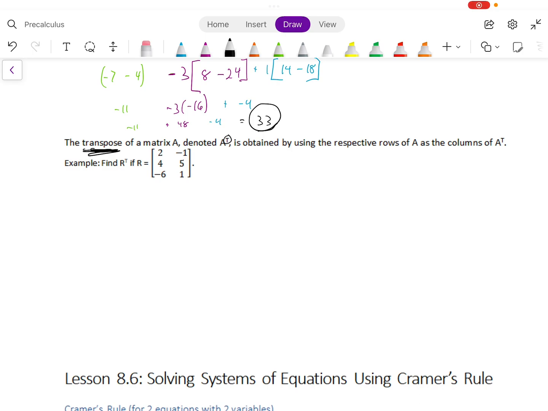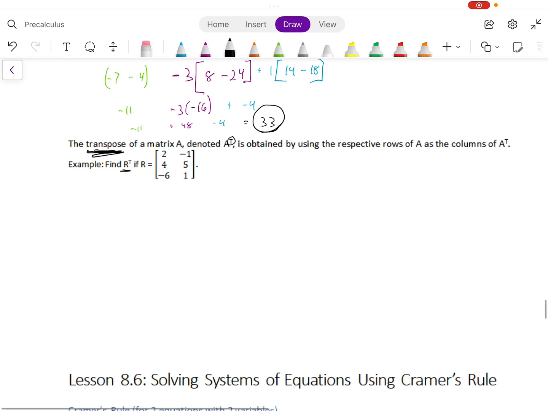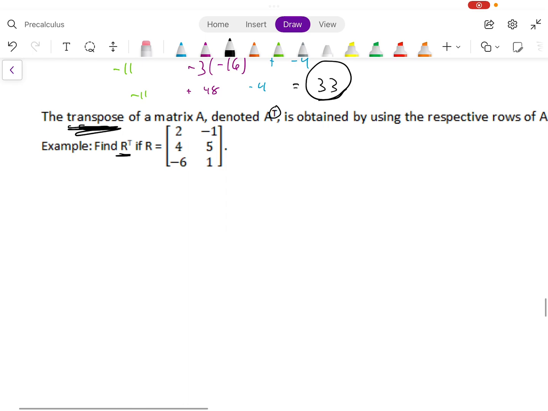And so find R transpose. Well, what we do is we make our first row our first column. And then we make our second row our second column.